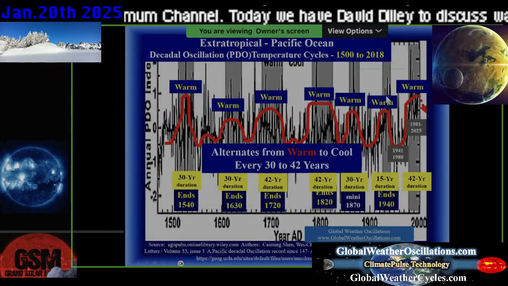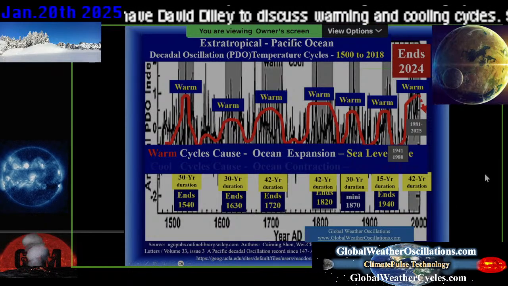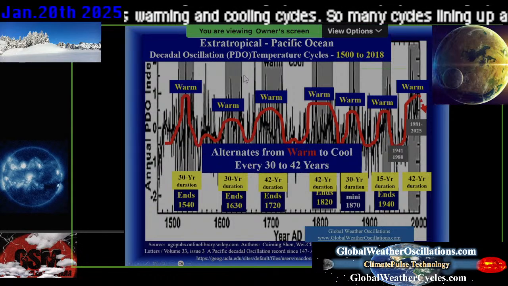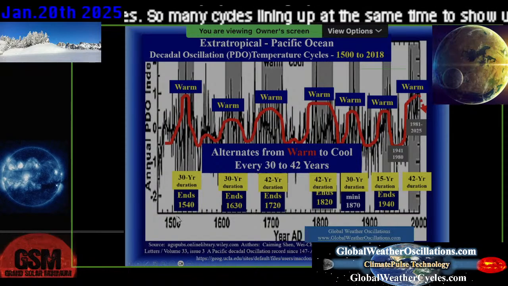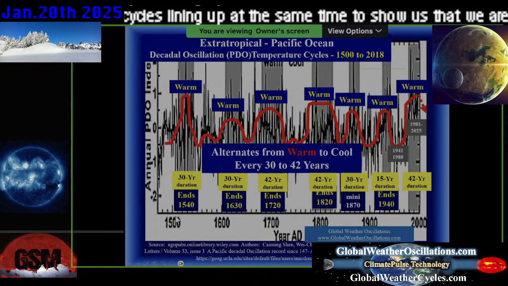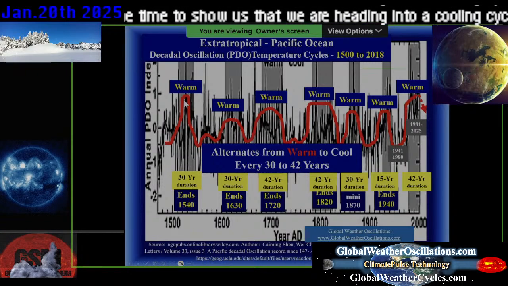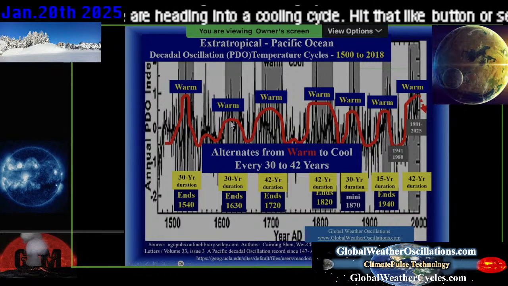The Pacific Ocean has an oscillation, they call it an oscillation. It cycles. This is from the year 1500. That's a long time ago. What we see is oscillations where it warms up, cools down. Look at this, warm, warm, warm, cool, warm, cool, warm, cool, warm, cool, warm.